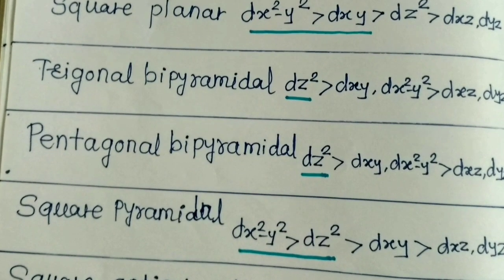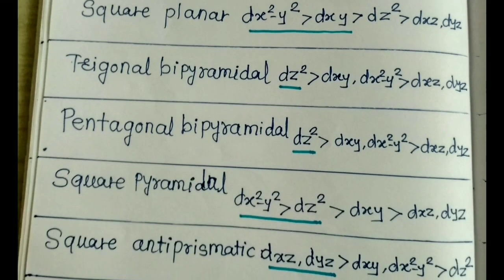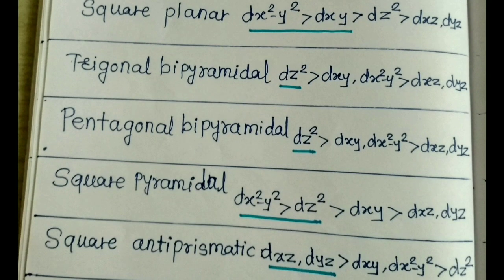Now the next geometry is square pyramidal. In square pyramidal geometry, dx square minus y square has greater energy than dz square. Both orbitals are above the barycenter because they are the underlined orbitals. Then dxy has greater energy than dxz and dyz.